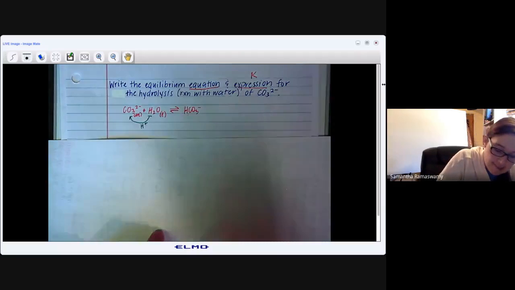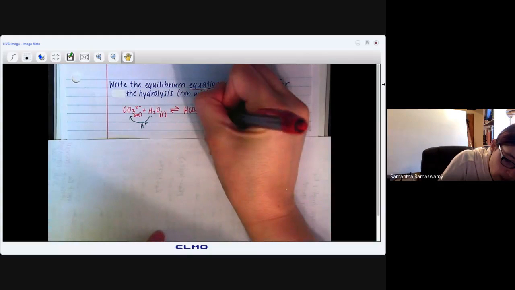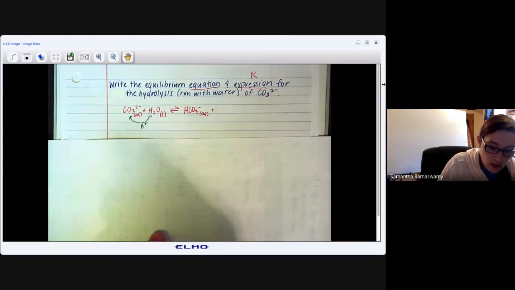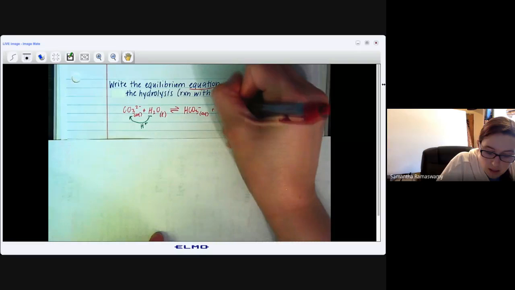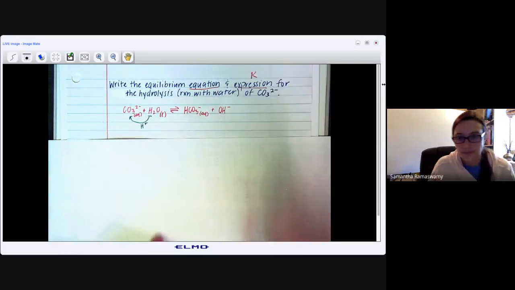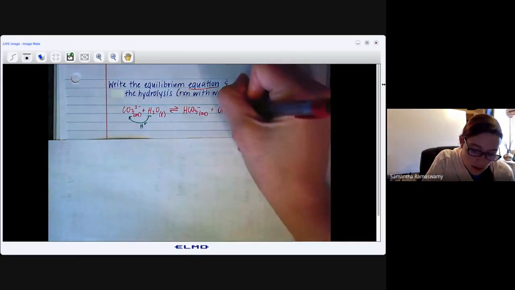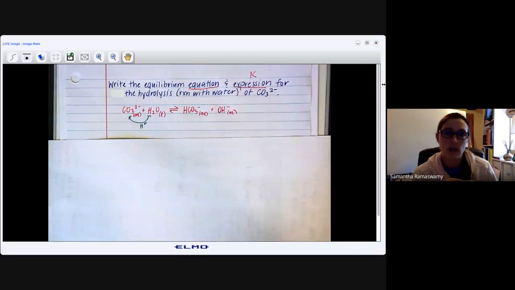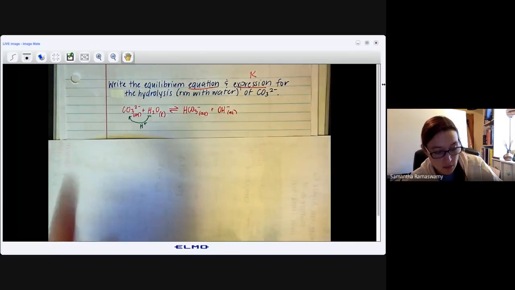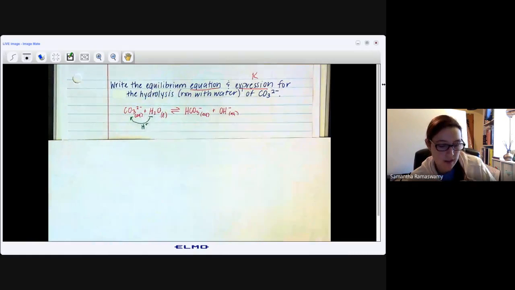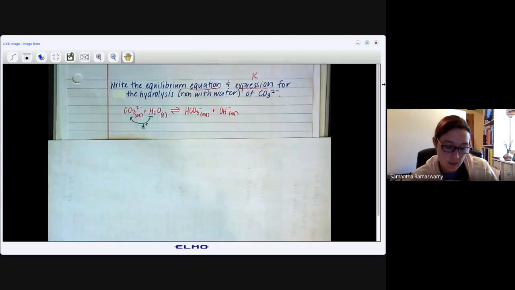Again, it's still an ion, so it's aqueous. Once water donates a proton, it becomes OH-. Now it says write the expression. So here's the equation: CO3 2- plus H2O is at equilibrium with HCO3- plus OH-.